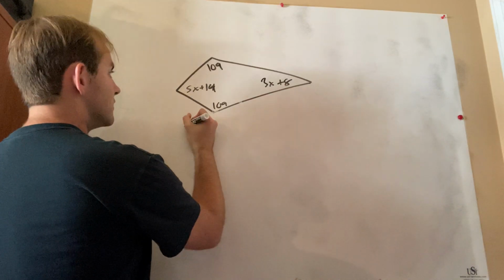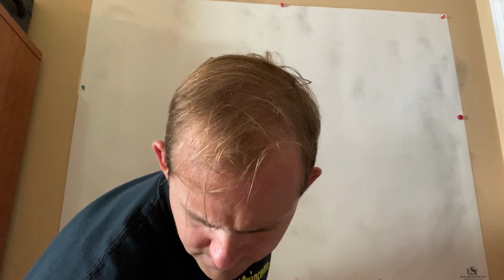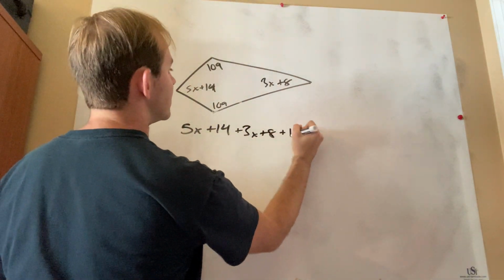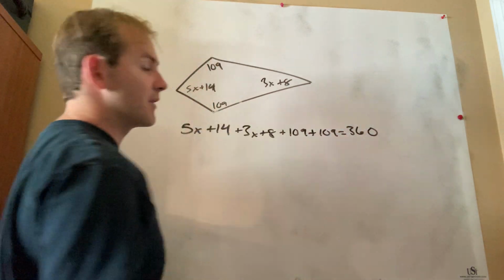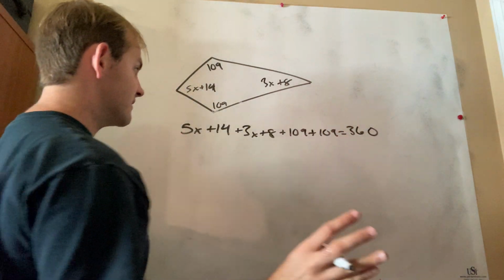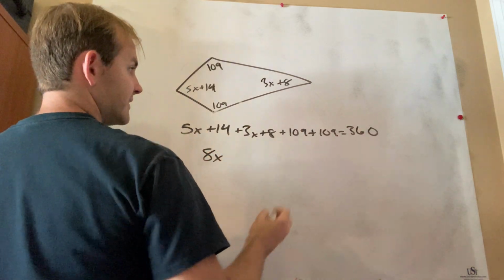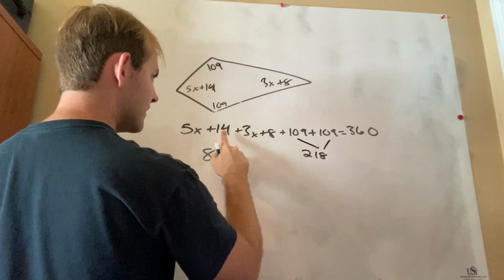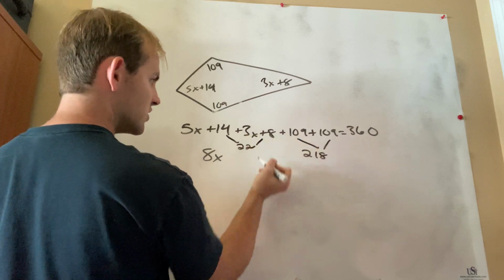All right? So in that case, I would have 5x plus 14, yes, that is what it was, plus 3x plus 8 plus 109 plus 109 equals 360. Let's combine some like terms. 5x and 3x make 8x. These two make 218. 14 and 8 make 22.